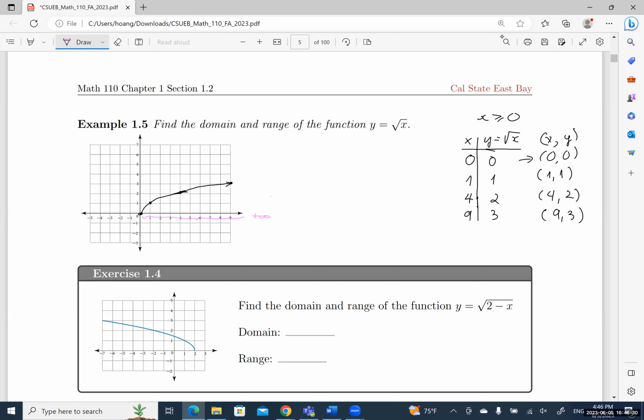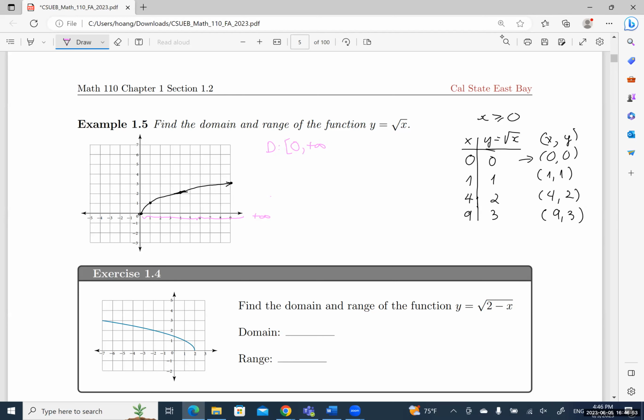Because of how far horizontally it goes. So the domain is going to be from 0 inclusive, and up to, comma, positive infinity.